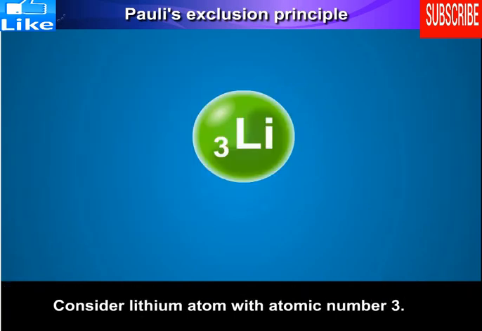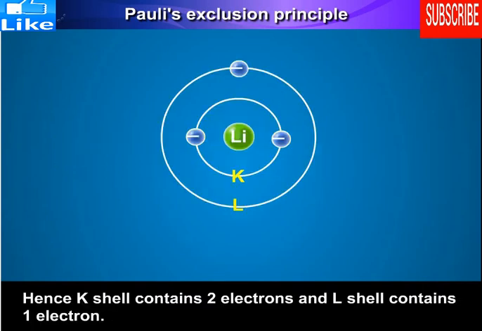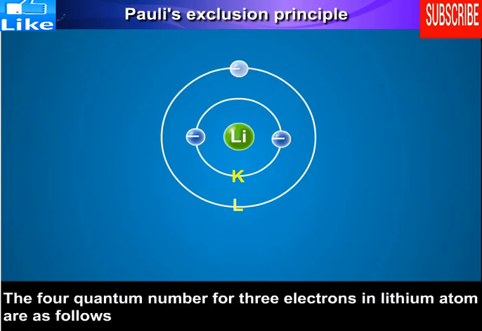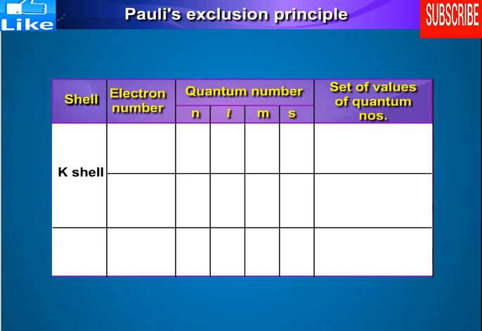Consider the lithium atom with atomic number 3. Hence, the K shell contains 2 electrons, and the L shell contains 1 electron. The four quantum numbers for the 3 electrons in the lithium atom are as follows. In the K shell, for the first electron, n is equal to 1, l is equal to 0, m is equal to 0, and s is equal to plus 1/2.